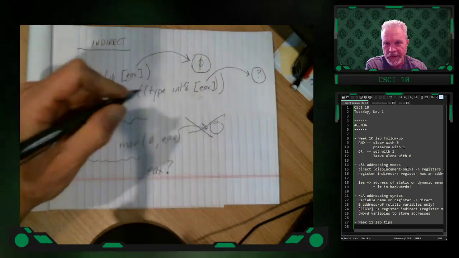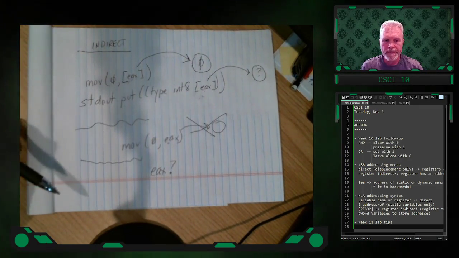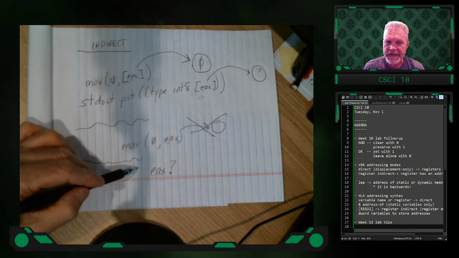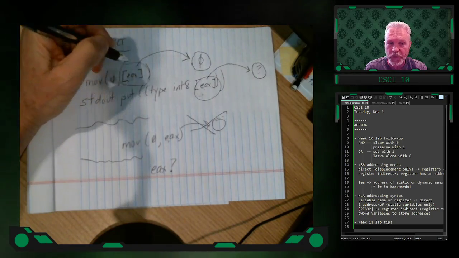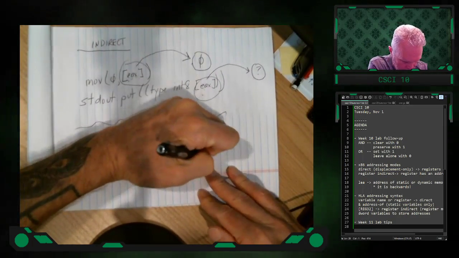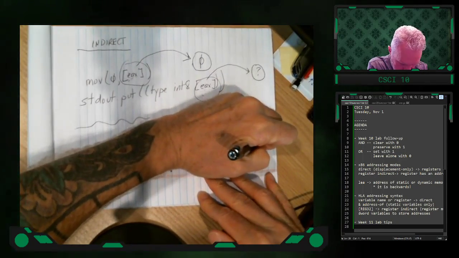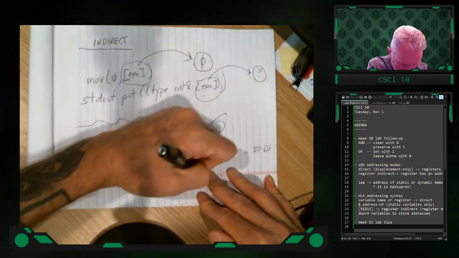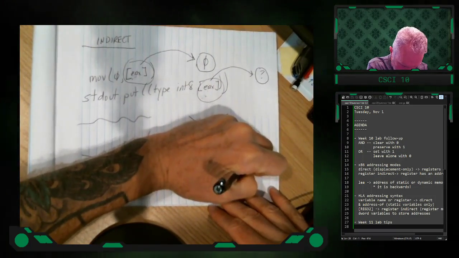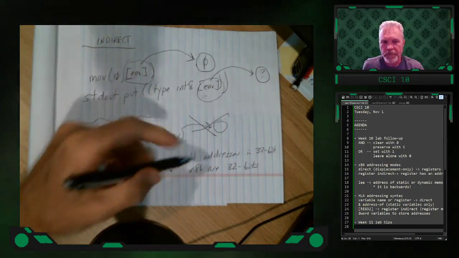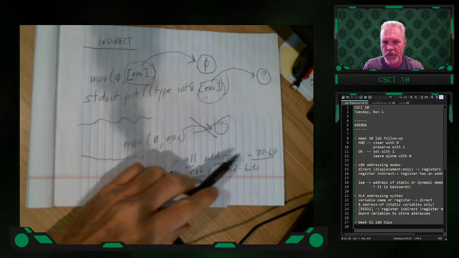Before we look at the conceptual view of the memory itself, why am I using EAX here? More particularly, why am I using it here with the square brackets? All addresses in our class are 32 bits.